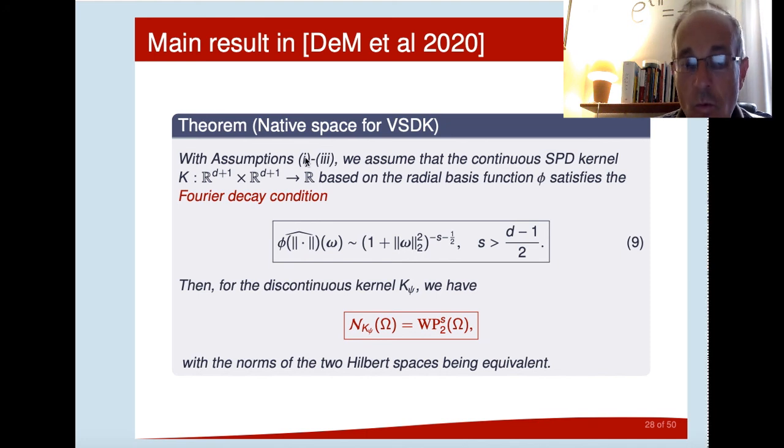And so, assuming 1 up to 3, then we assume the usual Fourier decay. So this is an algebraic decay to infinity for s bigger than (d-1)/2, or 2s bigger than d-1, or 2s+1 bigger than d, as you want. And then the native space associated to the discontinuous kernel is nothing else than W_p^s, with p equal to 2.